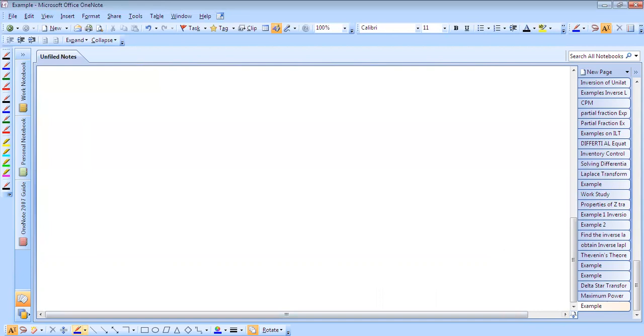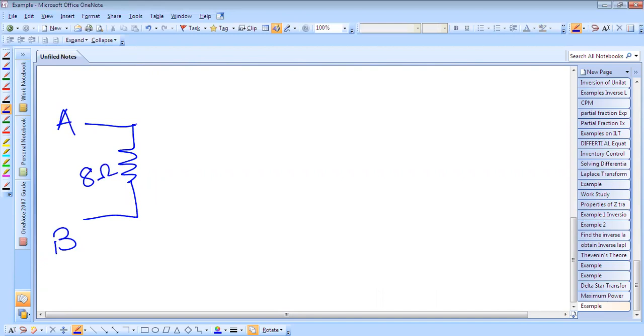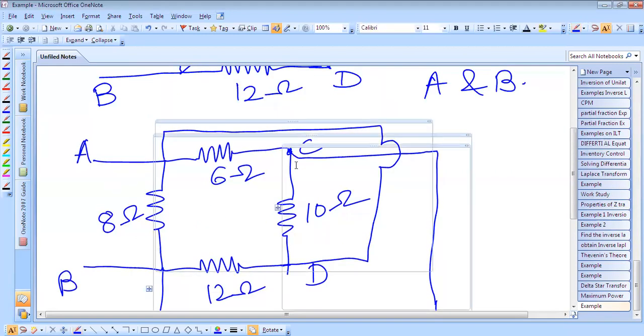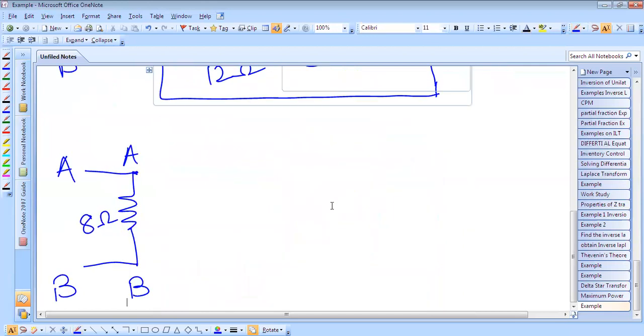Again, between A and B there is an 8 ohm resistance. This is the A terminal, this is also the A terminal, and this is also the B terminal. So we will interchange this: the D terminals will be upward and the C terminals will be downwards.